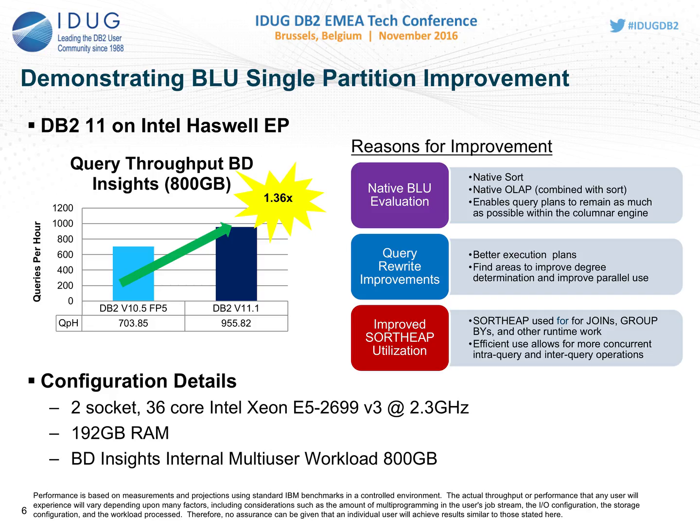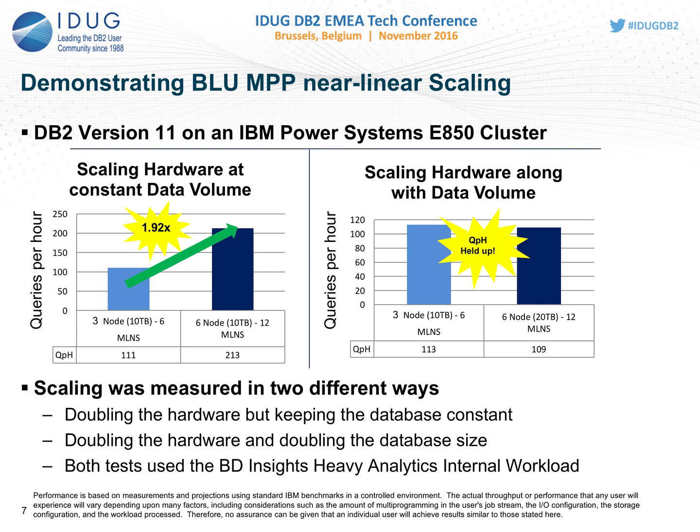And then for BLU on DPF, I want to talk not so much about the absolute performance, but more about scalability. Because if you run a complex workload in a cluster, right, in a system where you have multiple nodes and you can scale horizontally, then really what you want to make sure is that the system, the architecture, can give you a linear or near linear scalability.